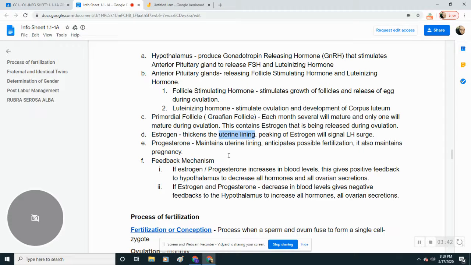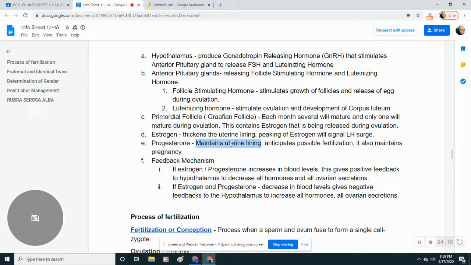So after ovulation, if the egg was fertilized by the sperm, your progesterone, which I told you is the pregnancy hormone, maintains the uterine lining. For the fertilized egg to become an embryo or fetus and grow to an infant, it should latch to the uterine lining.